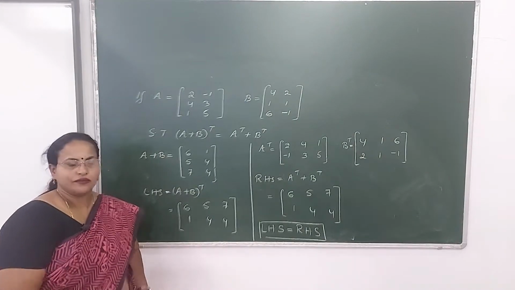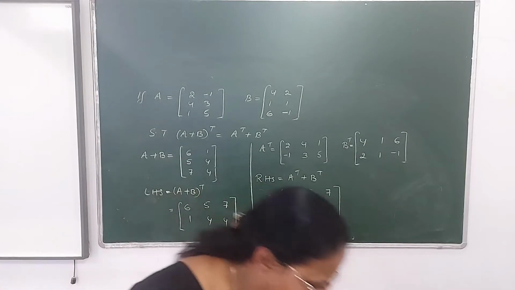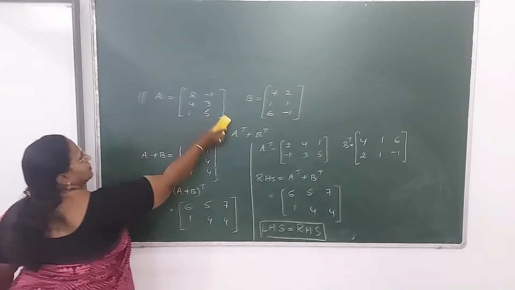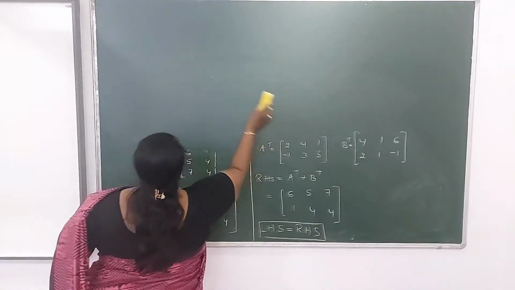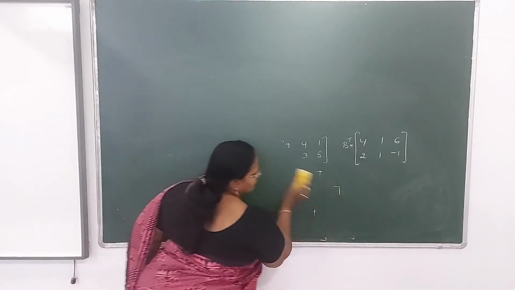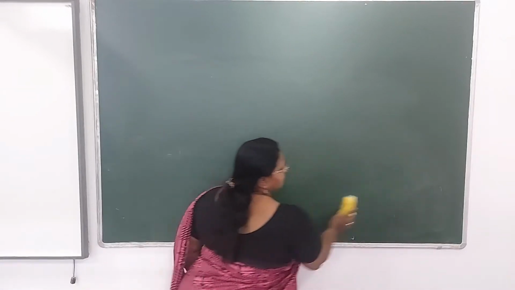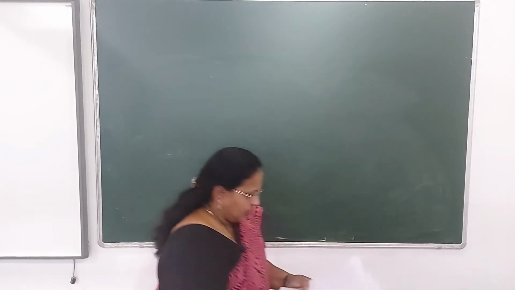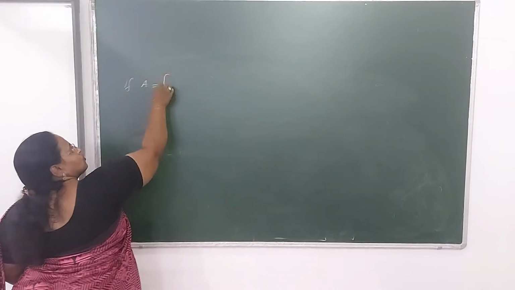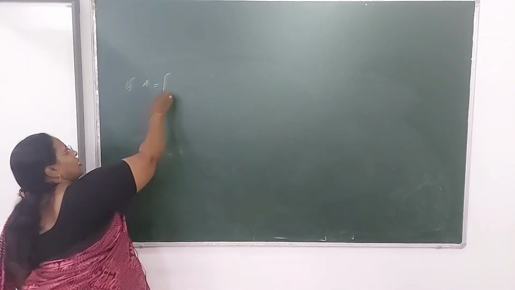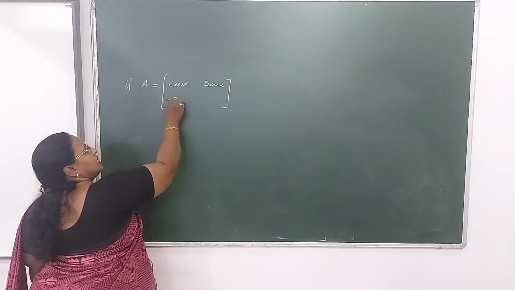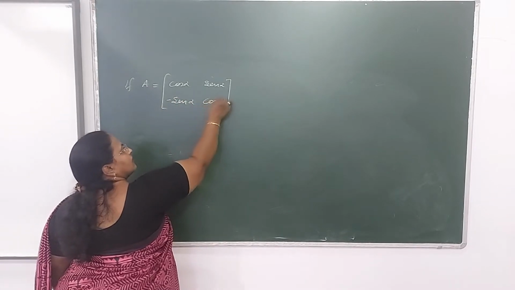Okay. Now the next one. All these are simple questions based on the concept of transpose. So let us do the next one. If matrix A is equal to cos alpha, sin alpha; minus sin alpha, cos alpha.